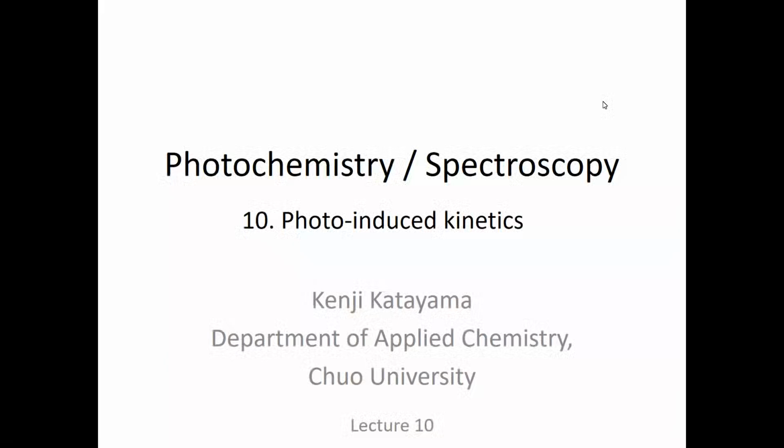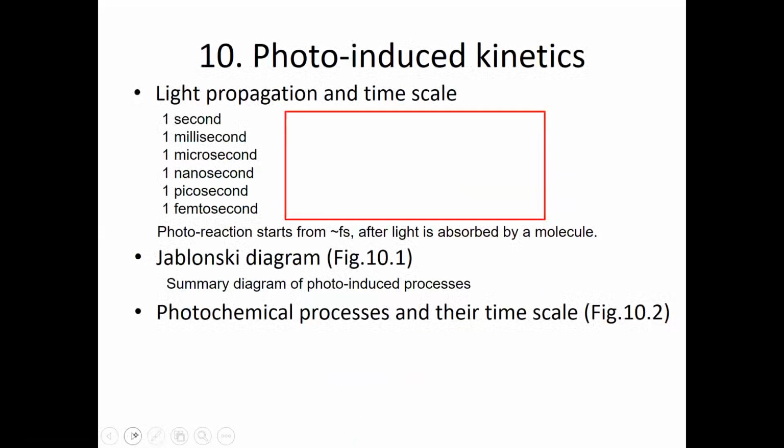In lecture 10, we are going to study the photo-induced kinetics of photochemical reactions. At first, let's remind you how fast light propagates, depending on the time scale you are thinking about.